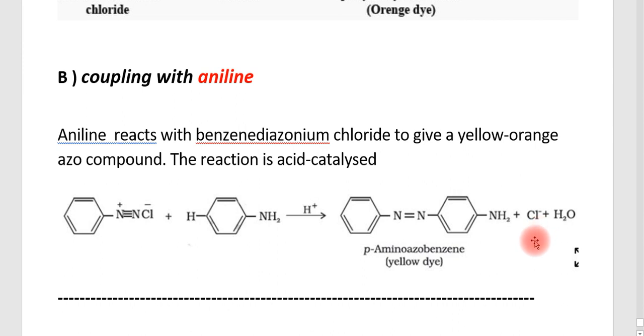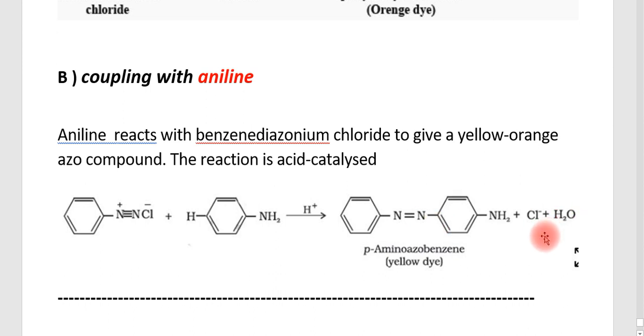The other condition is that when the benzene diazonium chloride is reacted in an acid medium at 5 degrees Celsius, it forms an intermediate product, diazoaminobenzene, that is C6H5 N double bond NH C6H5.